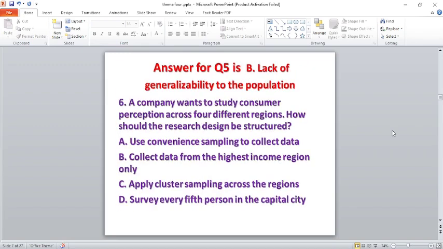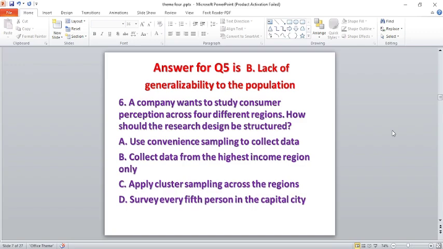Question number 6. A company wanted to study consumer perception across 4 different regions. How should the research design be structured? A. Use convenience sampling to collect data.